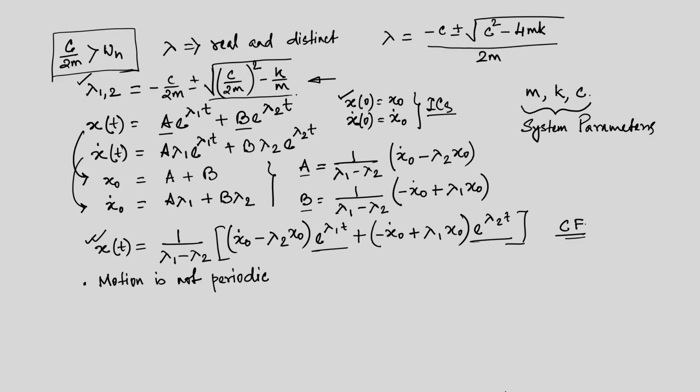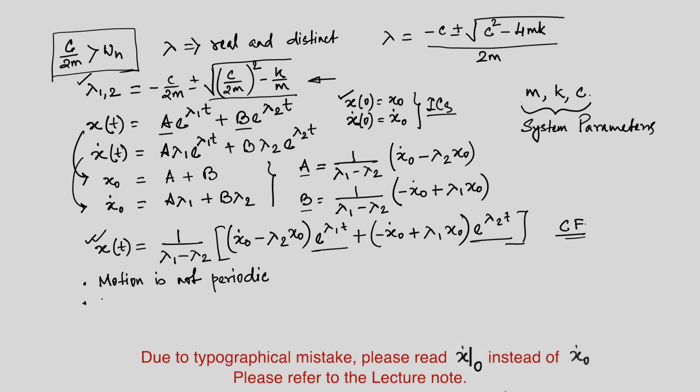Not only that, once we find this out, we can also conclude that the value of this term inside the square root is less than c by twice m. If that is the case, we can further conclude that lambda 1 and lambda 2 are negative.